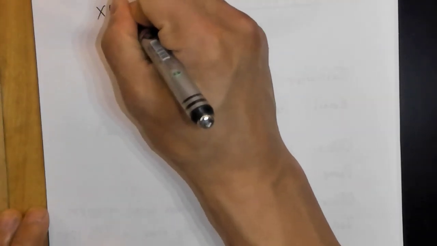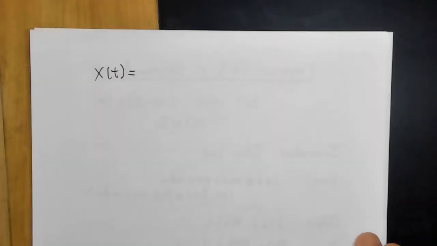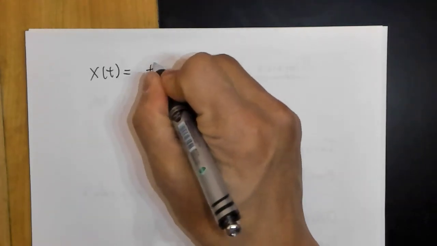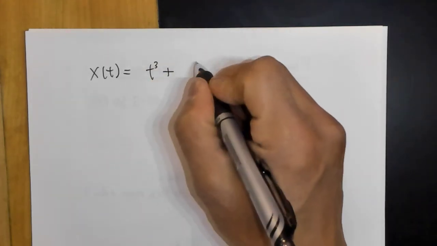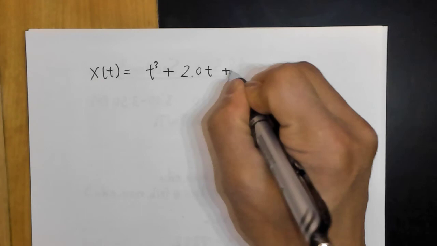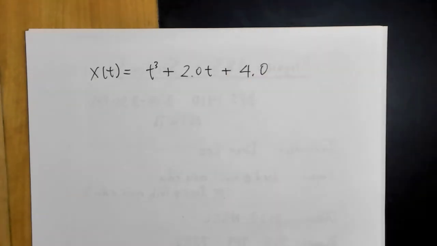Okay, so let's write down the function. The function is x of t is equal to t cubed plus 2t plus 4.0.